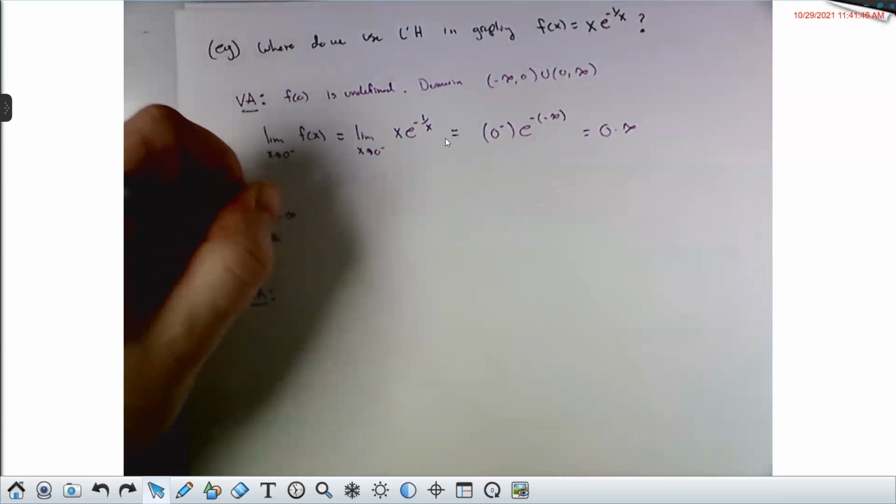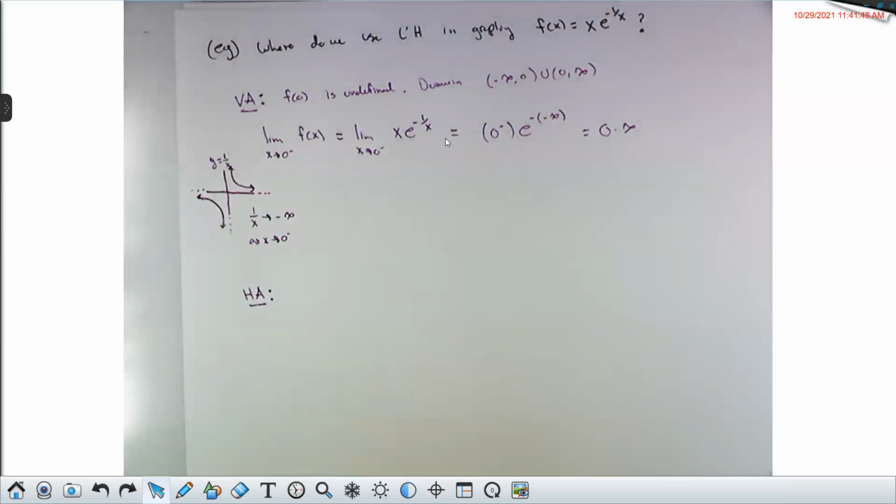As x goes to 0 from the left. Either way, I prefer to think about the graph. That's what works well for me. But that logic of 1 divided by a very small negative number should be a very large negative number will also get you this negative infinity.